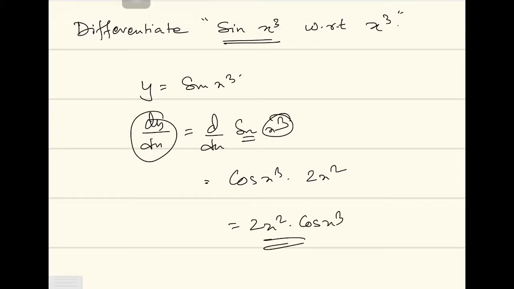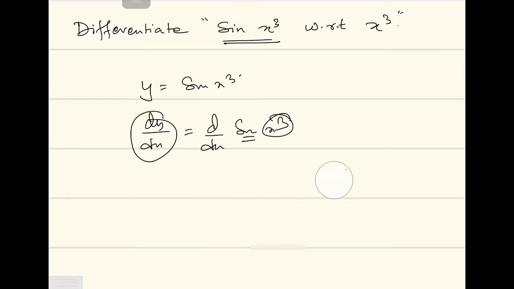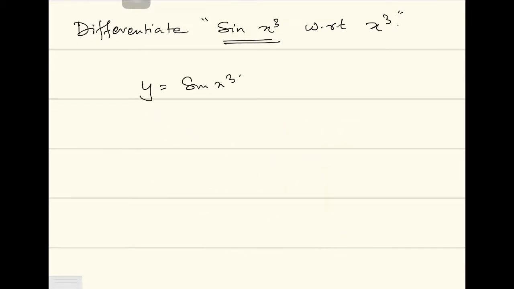But this is not the scenario here. Remember, you don't have to find dy by dx. What are you supposed to find? Suppose this is y, then you have to find dy by d of x cube. You have to differentiate sine x cube with respect to another function, x cube.